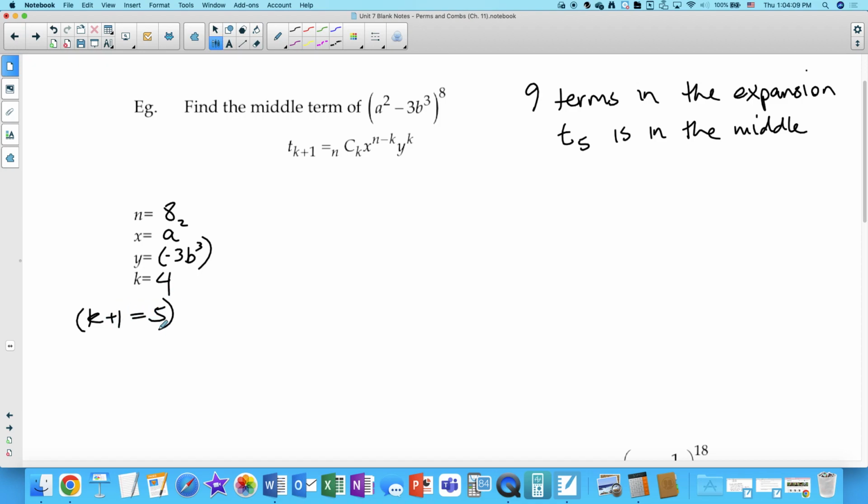Okay, so T5, or T4 plus 1, is 8 choose 4 times a squared to the 4, or to the 8 minus 4. So, you know, it might be a little bit deceiving. This should actually be this number minus this number, but it happens to be the same thing because it's right in the middle. And then times negative 3b cubed to the 4.